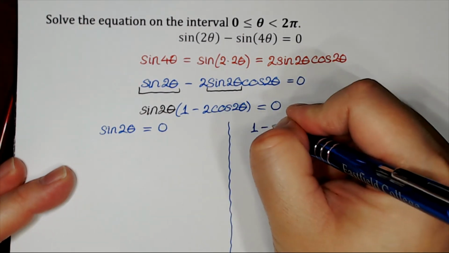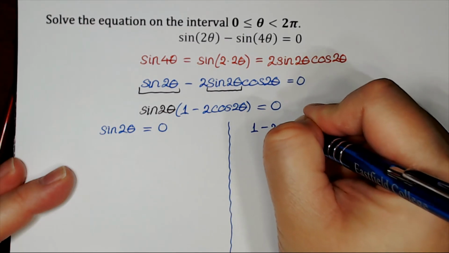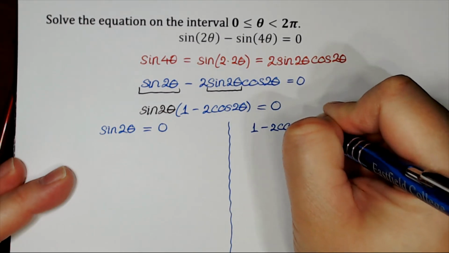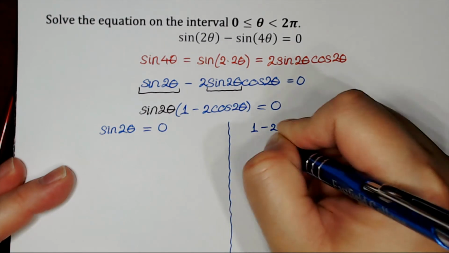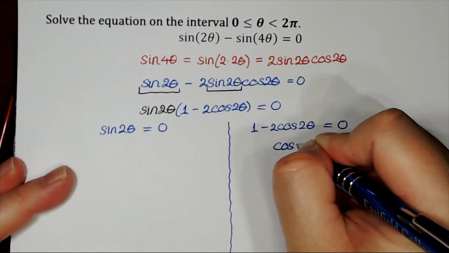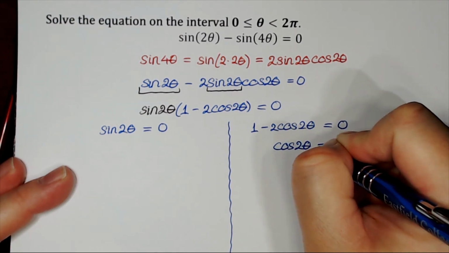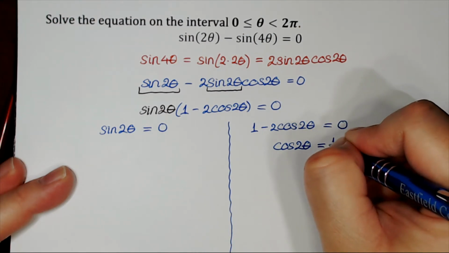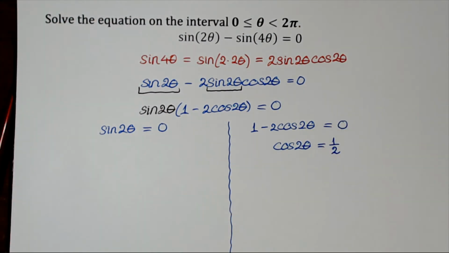Let me zoom out so you'll see the whole problem. So when we see multiple angles, and I mean different ones, one with just cosine and one with cosine 2 theta, we have to rewrite.